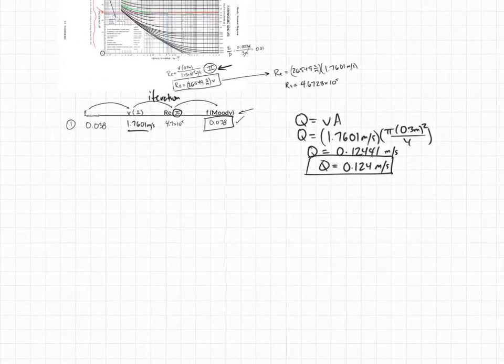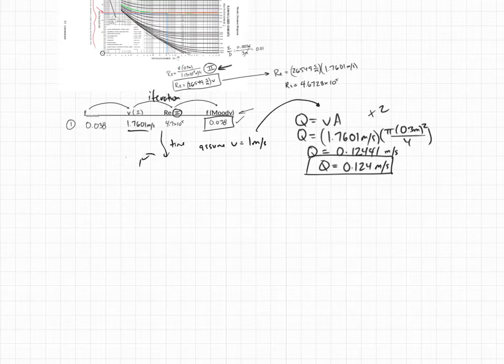Then you say, iterate, and maybe the iteration is worth 2 out of 10, and you just say, I don't have time. So you say, assume V equals 1 meter per second, an easy number, and you plug it in over here so you can still get these points. Maybe the iteration is worth 2, and maybe each of these equations is worth 3. So just make sure you can do that. You'll lose these 2 points, but at least you won't be stuck.